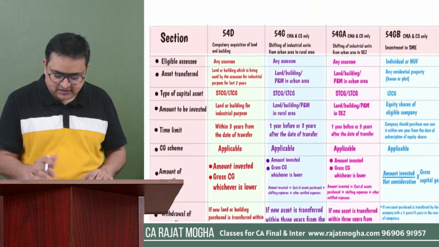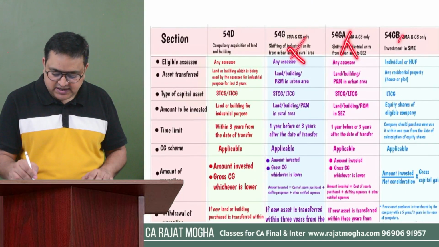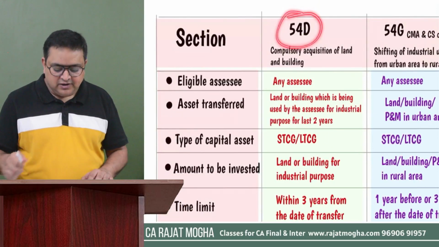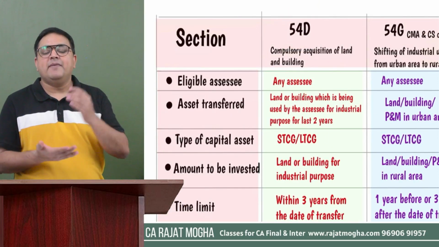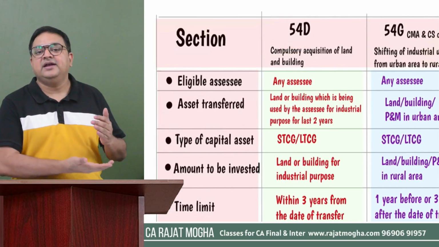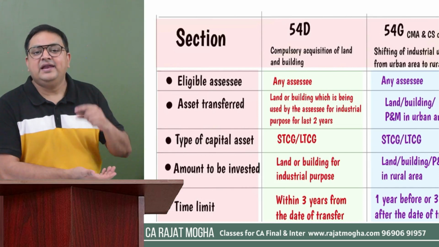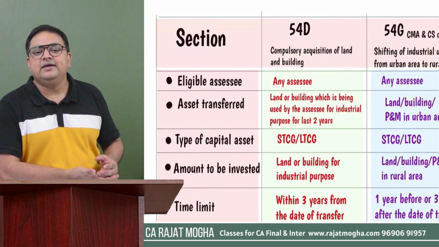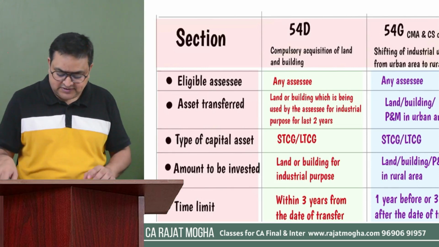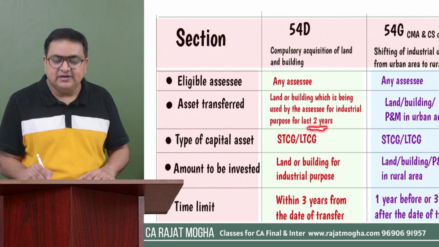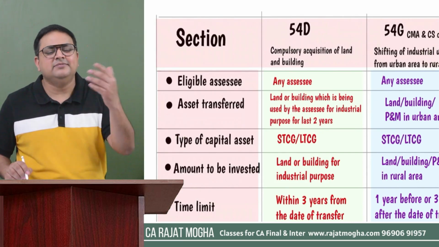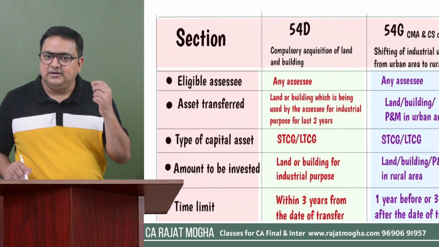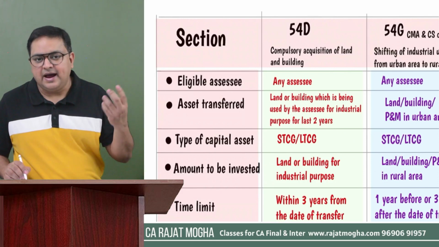There is one more section, 54G, 54GA and 54GB are not in your syllabus. 54D is there. So if the assessee is into manufacturing business, if the assessee has any industrial concern, and if their land or building, their factory land, their industrial land or building, which they were using for at least last 2 years for their industrial purpose, is getting compulsorily acquired. Industrial means manufacturing purpose. In that case, capital gain will arise.